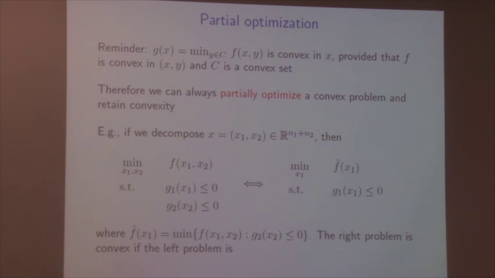And sometimes this is easier to do, and there are methods that we're going to learn about that actually will do this kind of back and forth between one variable and the other. Does everyone see that? That follows directly from properties of convex functions that we talked about last time.